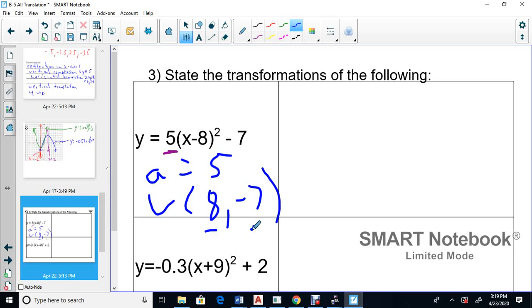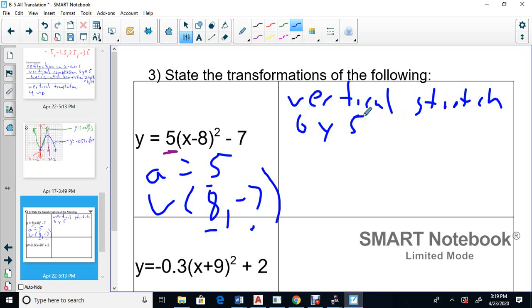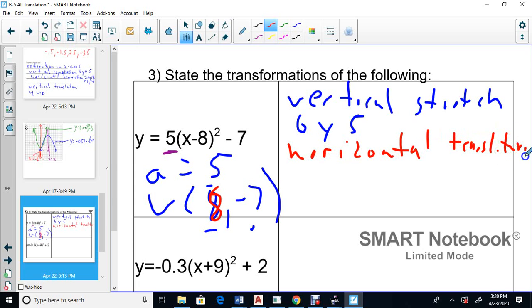So first, the 5. There's a vertical stretch by 5. Now the 8, so this 8 in the vertex, I'll use a different color there, 8. There's a horizontal translation, 8 right.